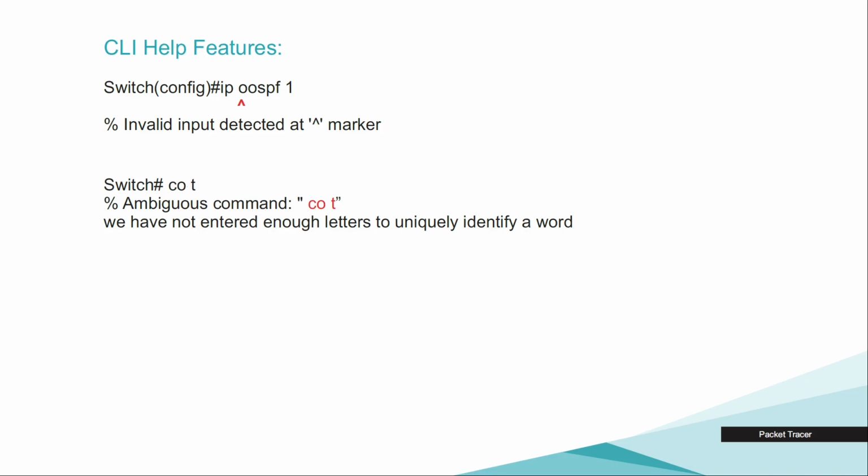Ambiguous command means that we didn't enter enough letters to uniquely identify a word. So if we type CO in the privilege exec mode, and we meant by that configure, there are other words that start with CO also. So our switch will not be able to identify the command that we want to do. So let's get back to our switch to see those error messages.